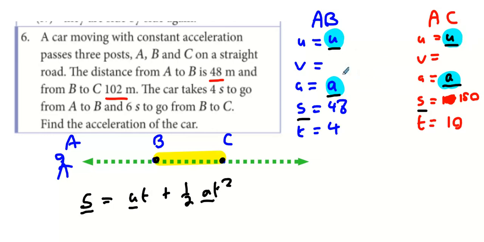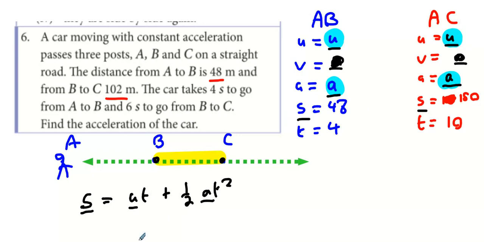If I introduce V, do you think your velocity at B is the same as your velocity at C? So these two are different values, so we don't want to use any V's here. So anything with V is chucked out the window.